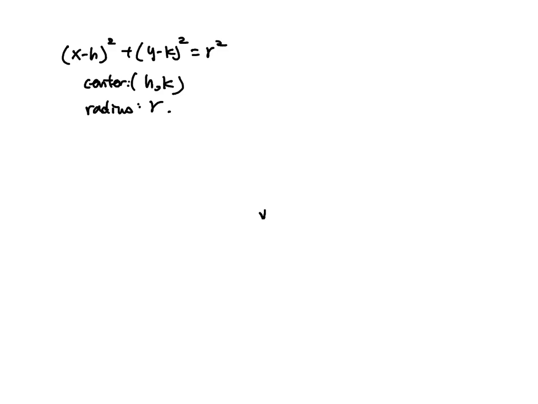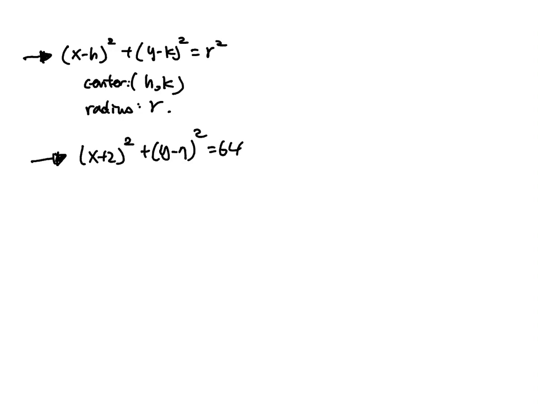So in this case, if you have x plus 2 quantity squared plus y minus 7 quantity squared equals 64, what I would do is try to make this look like the formula, even with all the symbols.